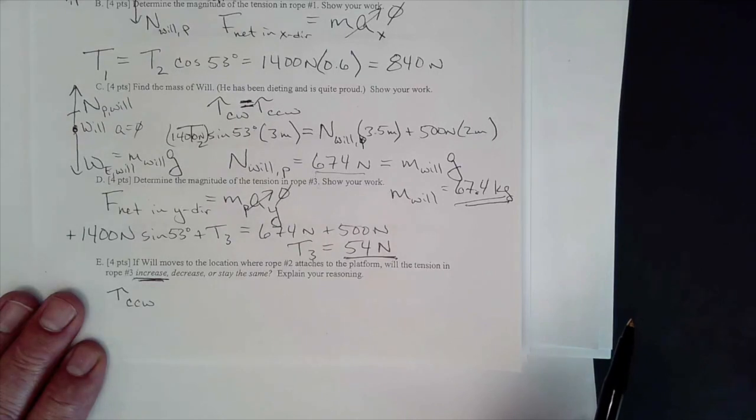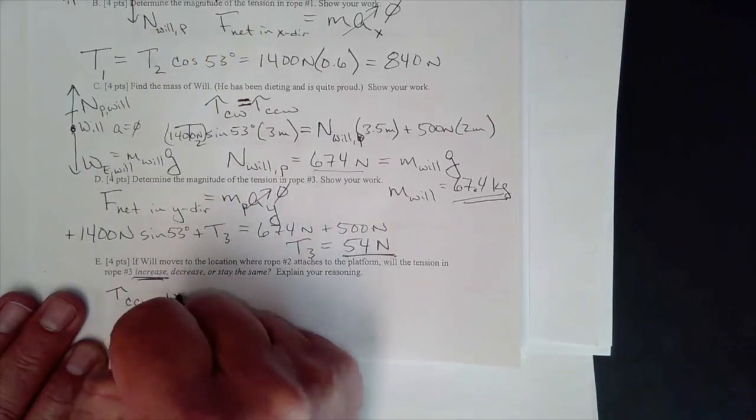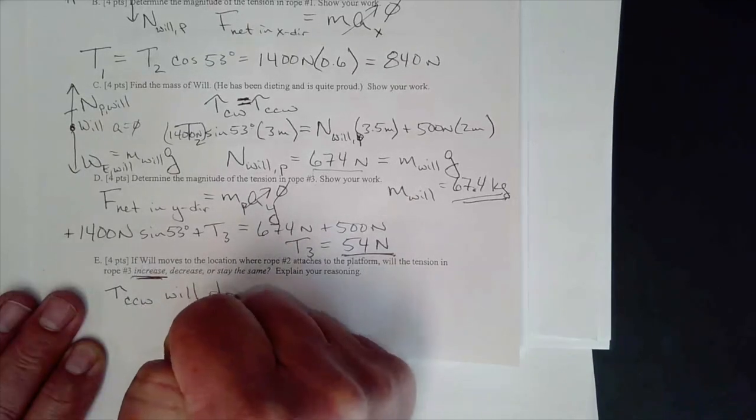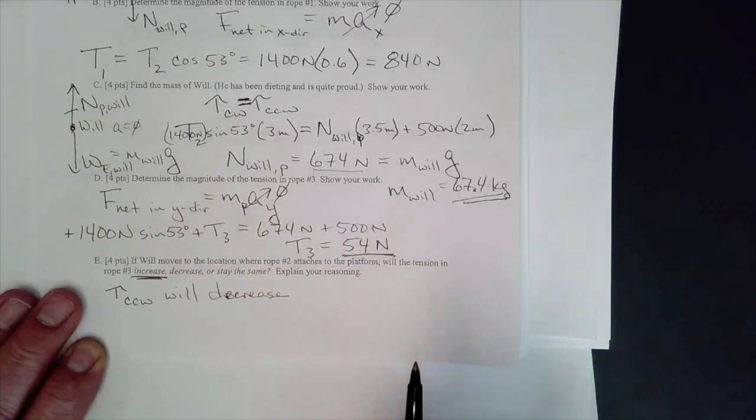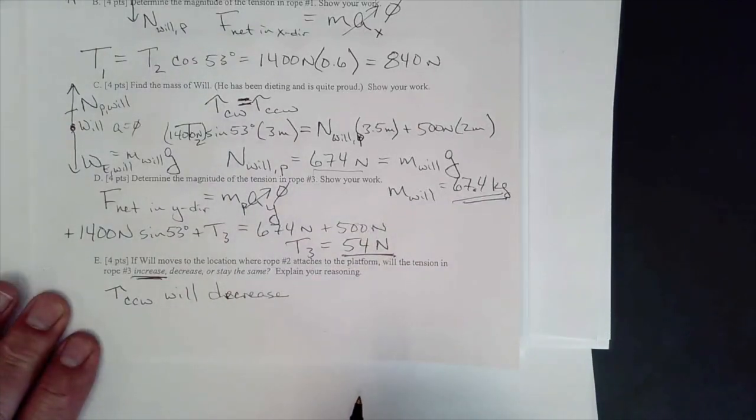Now, the center of mass of the beam isn't moving, but by moving Will to the right, we've lessened the lever arm there. So this will decrease the counterclockwise torque.